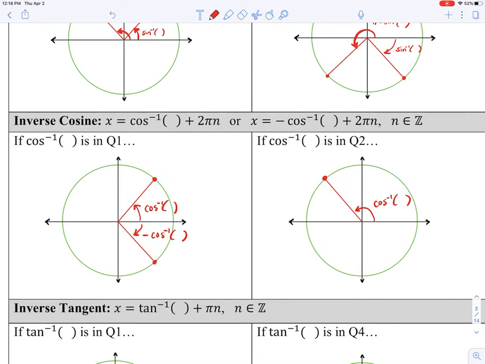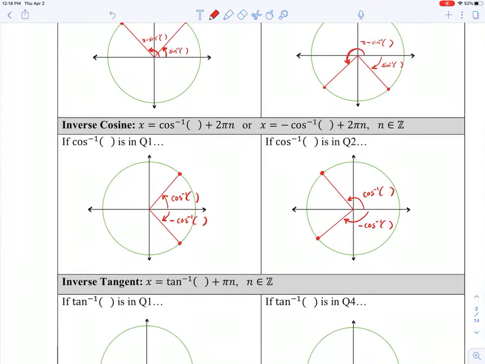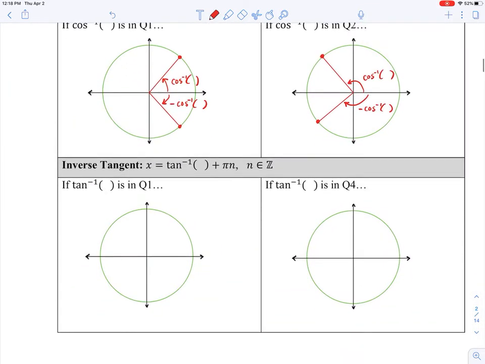And then negative inverse cosine would be that angle reflected over the x-axis. Okay, and the plus 2 pi n represents all the coterminal angles to the angle in quadrant 2 as well as the angle in quadrant 3.